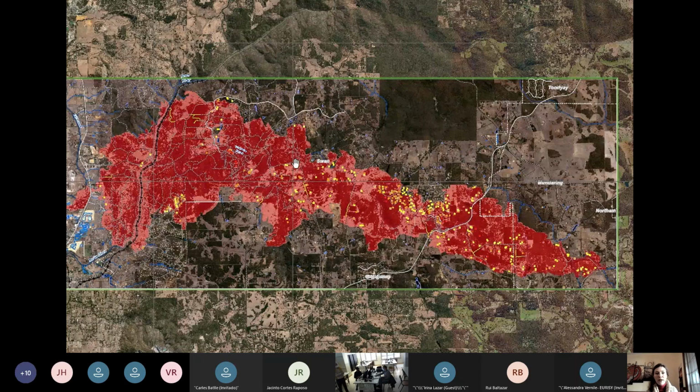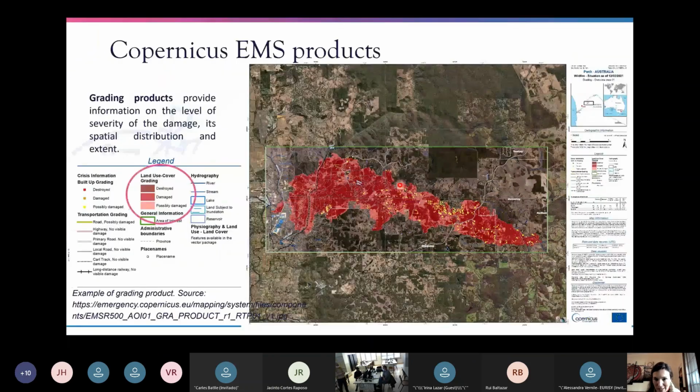And again, when a map is produced, the contrast between the colors should be chosen in a way that makes it easier to discriminate among them. Let's say that between this medium red and dark red, I'm sorry, I was a validator of maps, so I have this eye for looking at the drawbacks and limitations of maps. I think that here the color choice was not the best, because it's very difficult to point out where you have the darkest color.